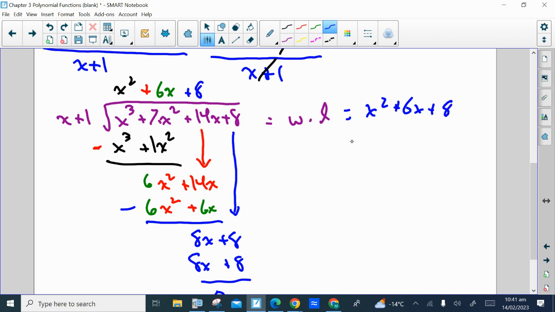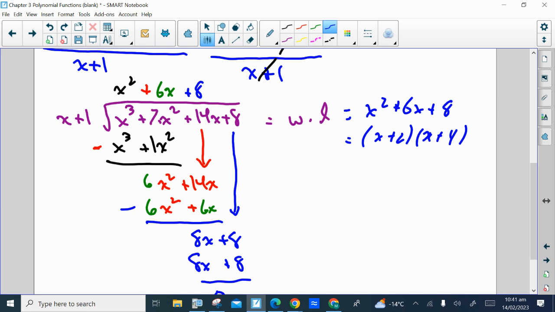Which is a quadratic, which we can factor: x plus 2, x plus 4. That means the width is either x plus 2 or x plus 4. The length is either x plus 2 or x plus 4, the other one. Whichever one is the width, the other one will be the length.